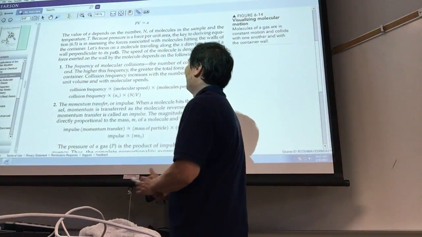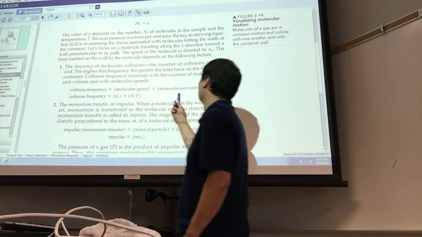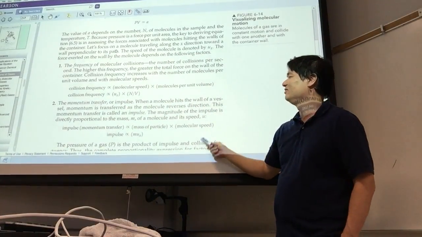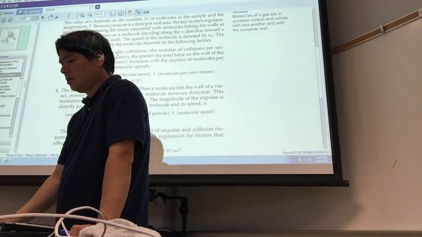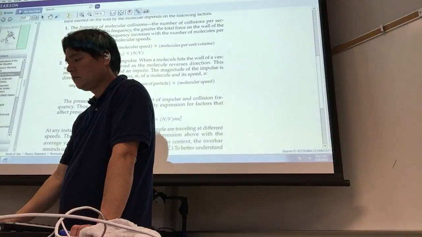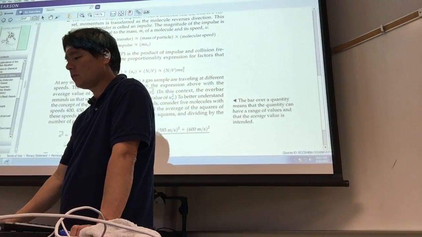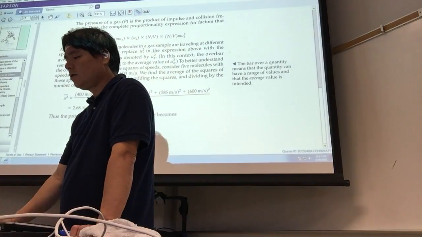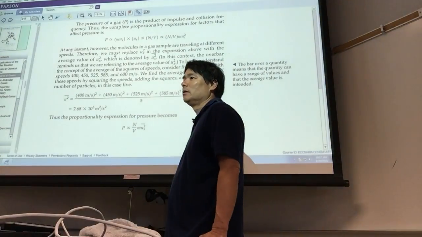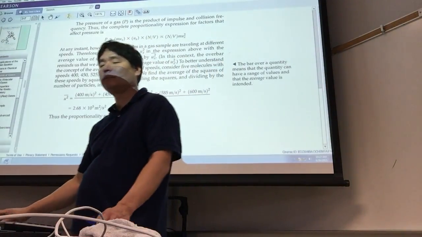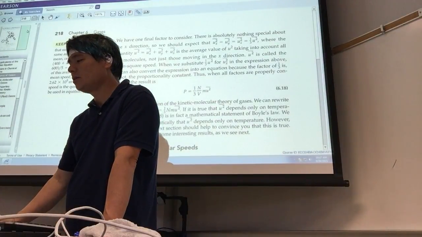In this theory, we have collision frequency, speeds, molecules per volume, and then during collisions, there's momentum transfer, which is mass times speed, and we get pressure. Going through all this, we come up with Boyle's law.